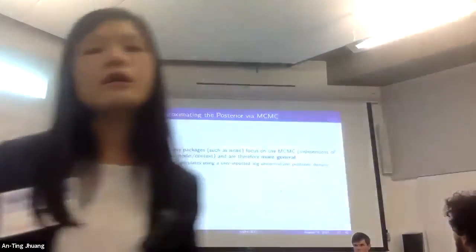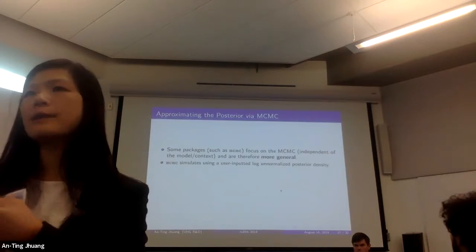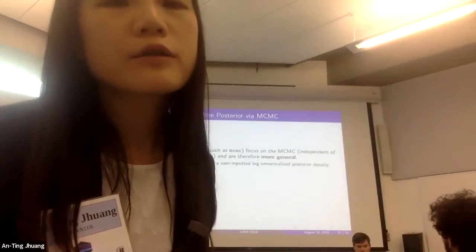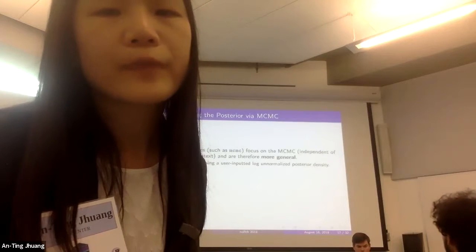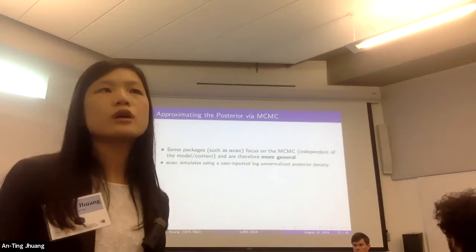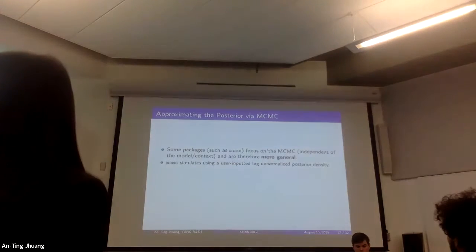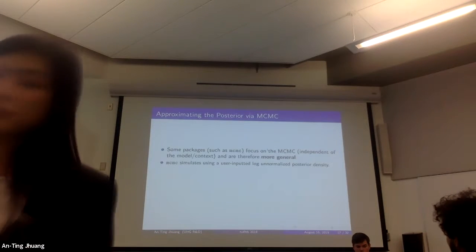There are two packages I want to introduce today for MCMC sampling. The first one is called mcmc. It's more general: you just have to specify the posterior density and it will draw the posterior sample for you.